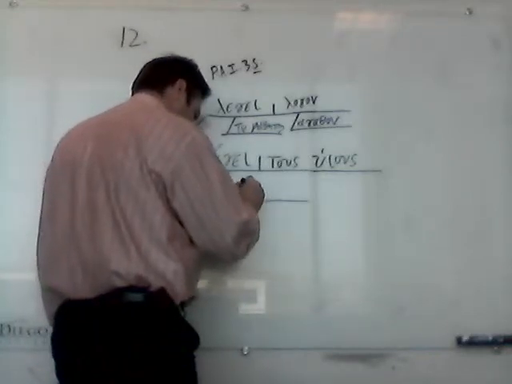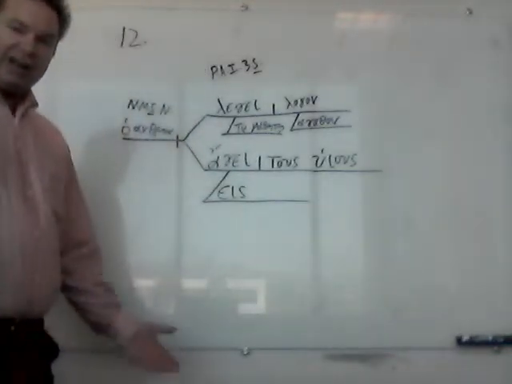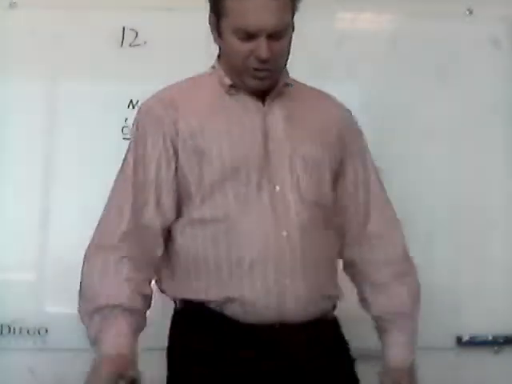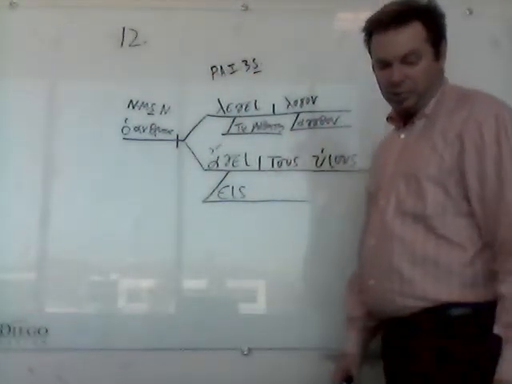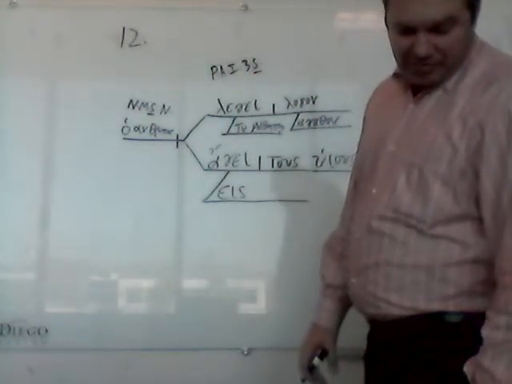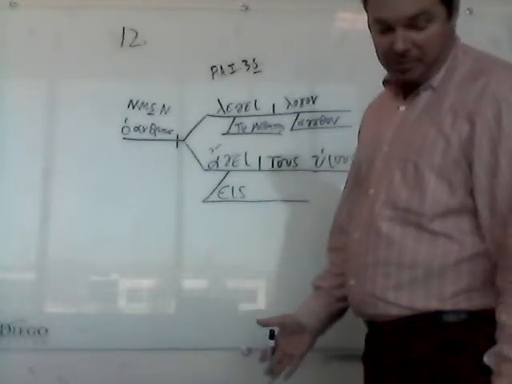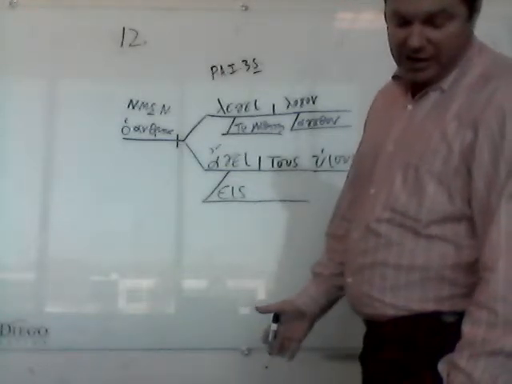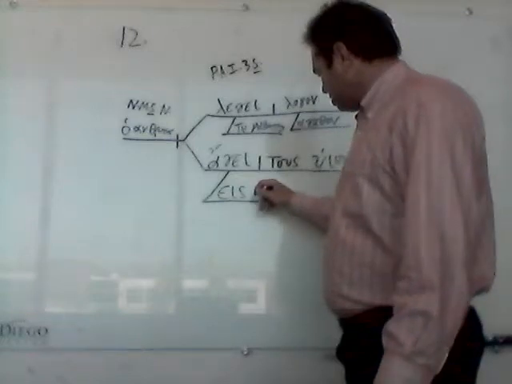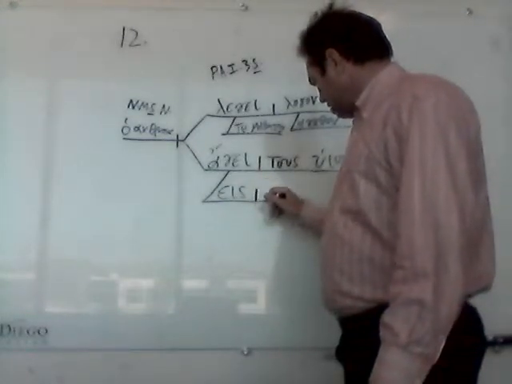Eis is our preposition, and eis can mean a few things, as you know, depending on what word it's being used with, and especially what case it's being used with. Here it's being used with an accusative. Eis ton oikon.